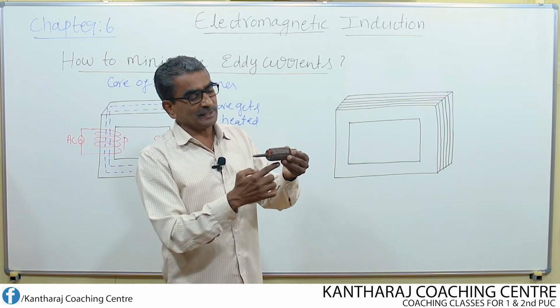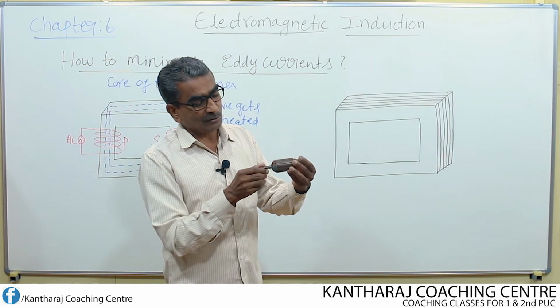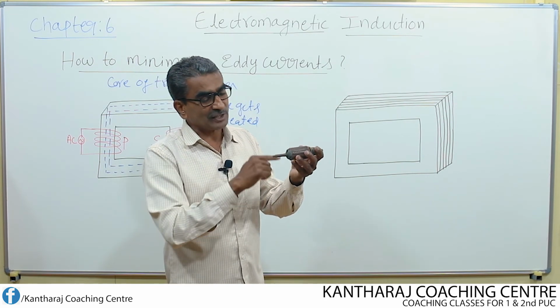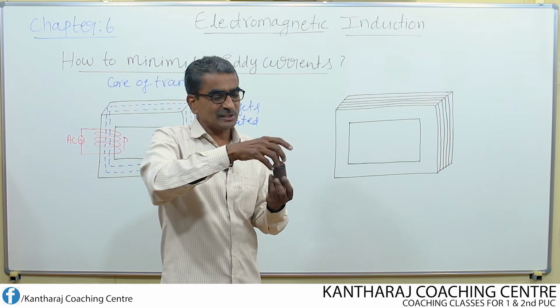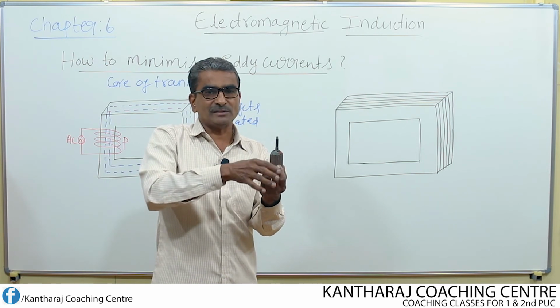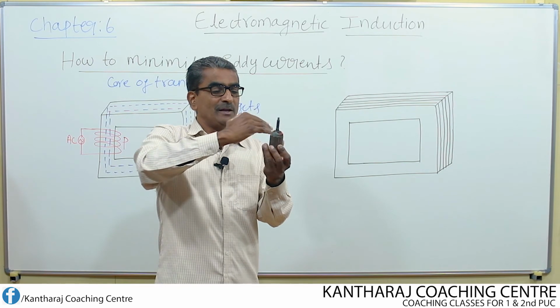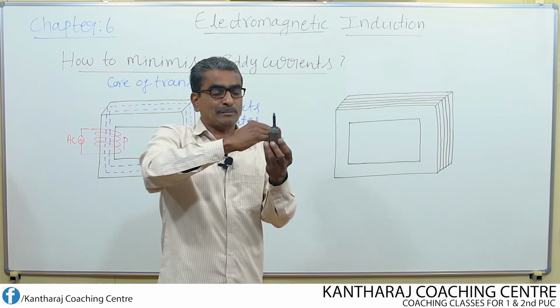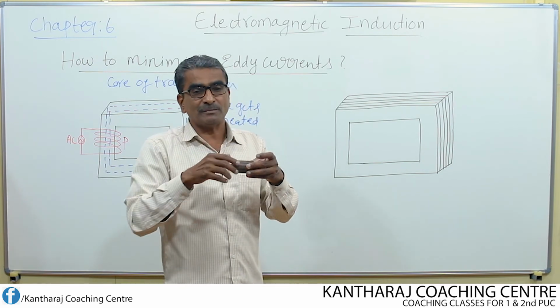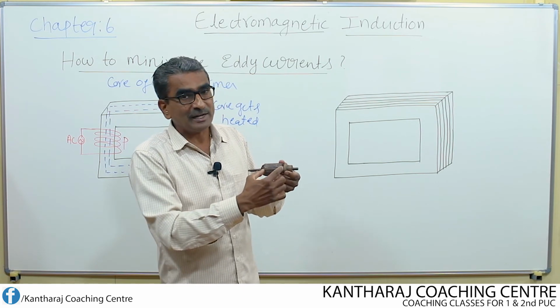See, this is nothing but the metallic core. Even this metallic core is in the form of thin circular sheets. All the sheets are piled up, that means all the sheets are made in the form of a bundle. They are kept one above the other, and they are piled up, and therefore it becomes a laminated core.